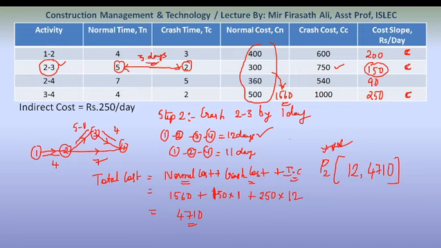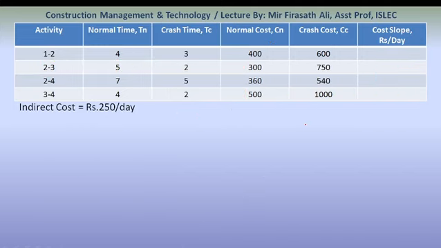We have crashed it by 1 day. So now in step 3 we will crash activity 2 to 3 by 2 days. What happens? Let us see. Crash activity 2 to 3 by 2 days in the next step.